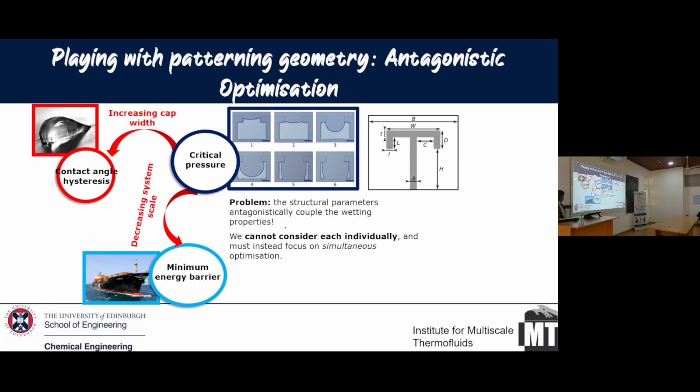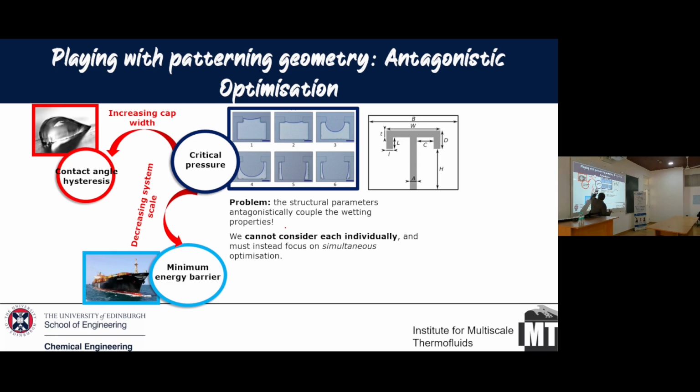If you increase your cap width, as you keep increasing the width of the cap, contact angle properties become very important. If you decrease the system scale, you shift from critical pressure as a major problem area to a minimum energy barrier.